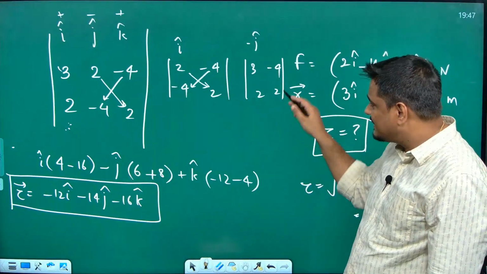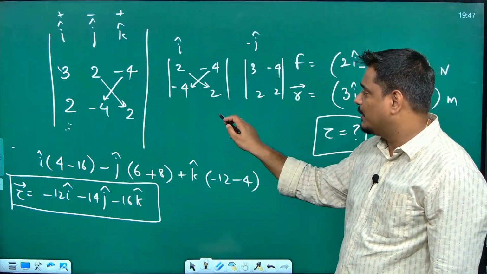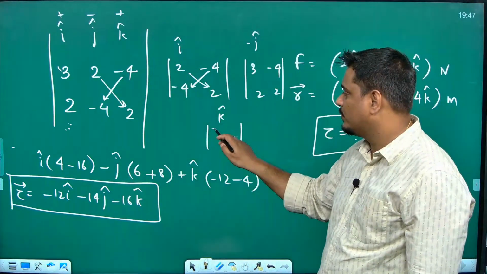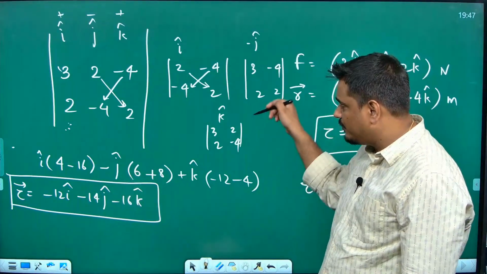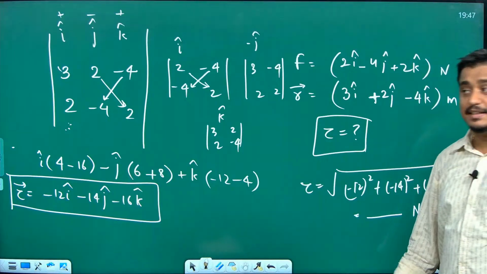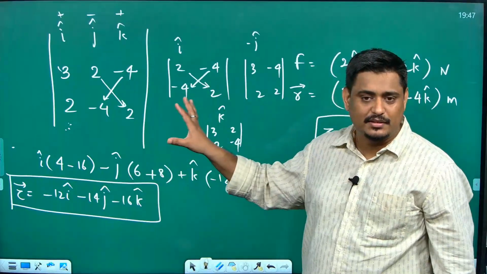So it will become 6 minus of minus 8, plus 8. Then I will do plus k cap, and if I hide these two, it will become 3, 2 and 2, minus 4. So it will become minus 12, minus 4, so minus 16. Got it? This is the method which you learn in the 12th standard, this determinant topic.